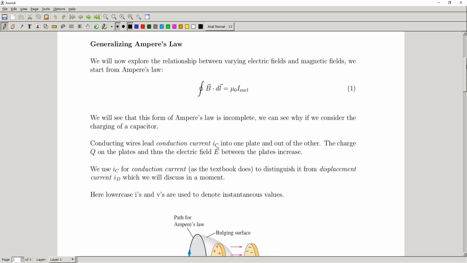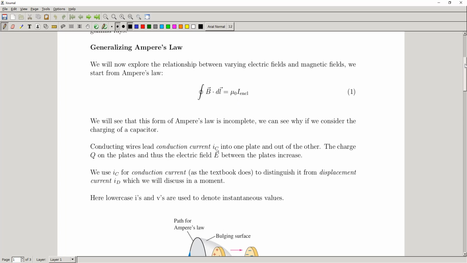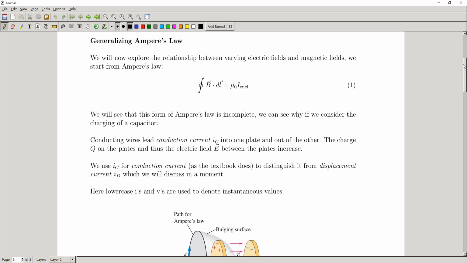And in looking at Ampere's law, we're going to first realize that Ampere's law, at least the way it's written now, in the way that we understand current to be, is somewhat incomplete. Okay, and so in fixing Ampere's law, in generating a more general version of Ampere's law, we're going to introduce what is known as the displacement current. Okay.